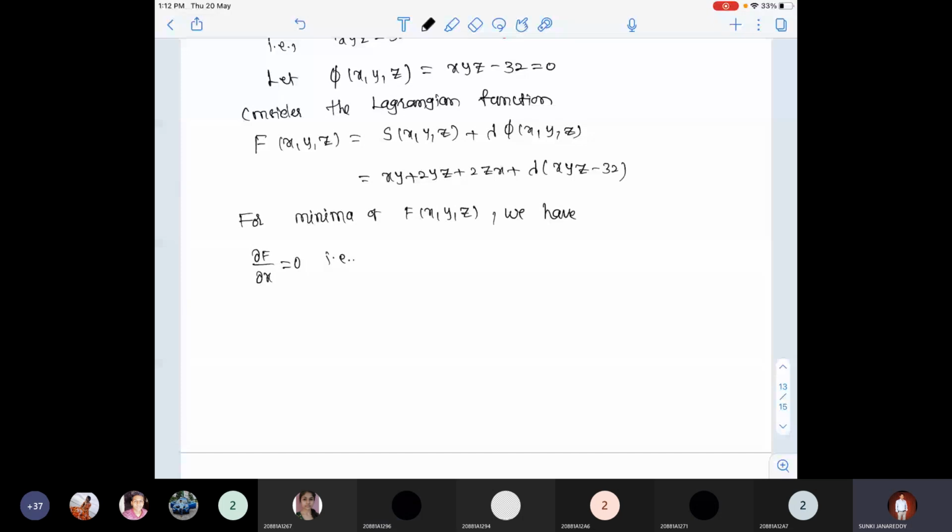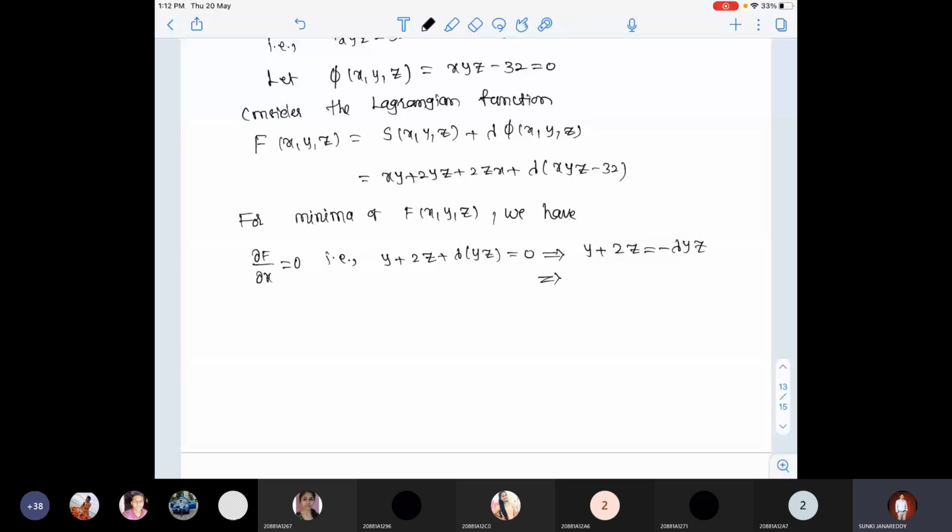y plus 2z plus lambda yz. Very good. Now that one is equal to 0. From this we can write y plus 2z is equal to minus lambda yz. Now by cross multiplication, y plus 2z by yz is equal to minus lambda.